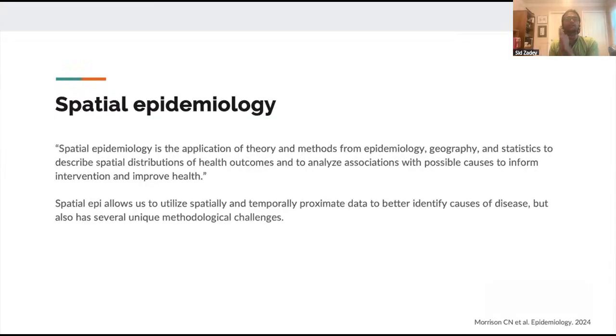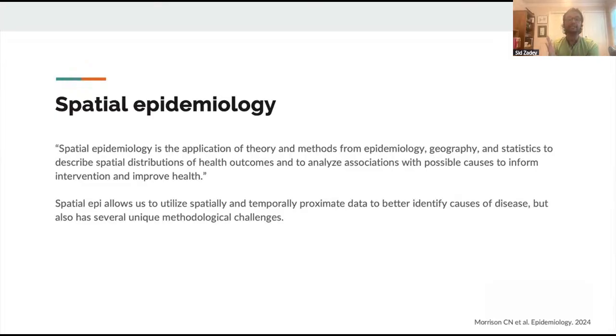Until recently, although spatial epidemiology has been a growing field, there was no real consensus on what it is and what it does. Chris wrote a scoping review last year to bring together a whole bunch of literature and people to put together a definition that would be helpful.